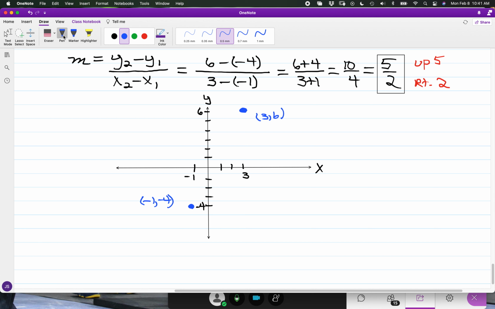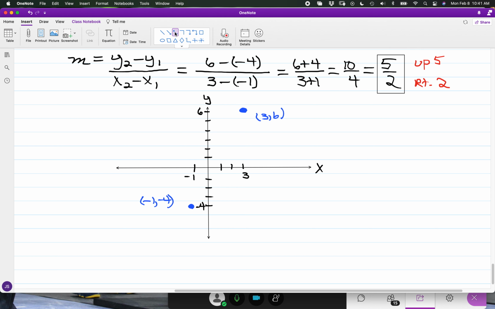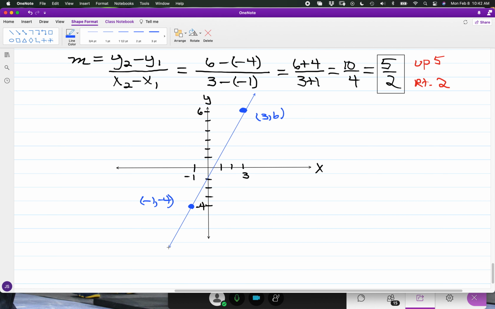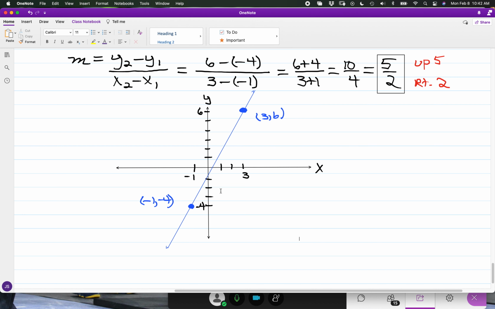Okay, and if I put a straight line through this, yeah, we do it like this. So you notice you have (-1, -4) and (3, 6).